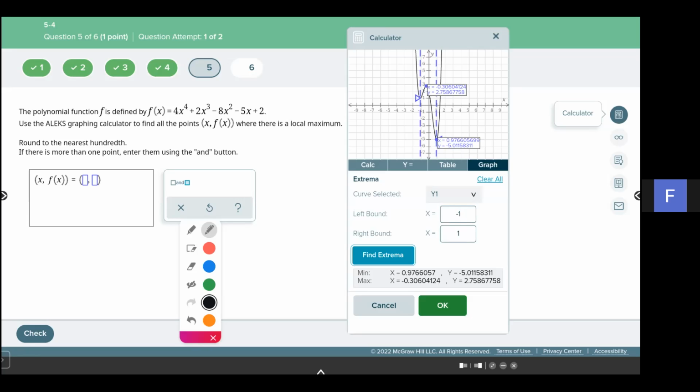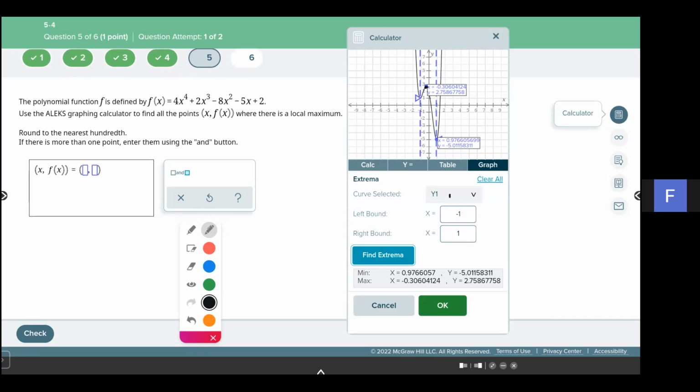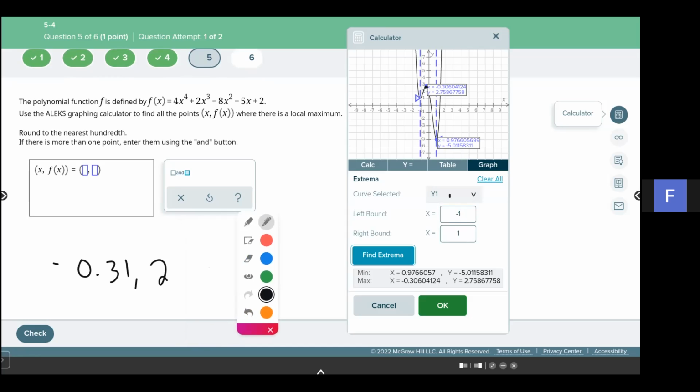And so the coordinate point we're going to use is -0.31, comma 2.76 because of rounding. That is what we're going to go ahead and use. The 6 makes the 0 round up, and the 8 makes the 5 round up.